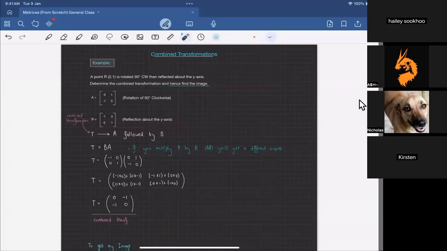So what we could do is multiply the point by A, R by A, whatever answer we get, I would just say we get X. We could take that and multiply it by B, and that's supposed to give us the final transformation.